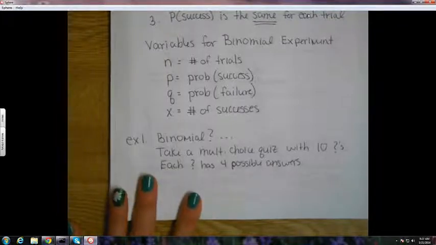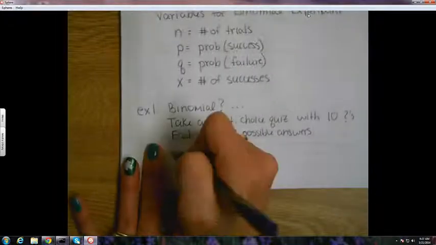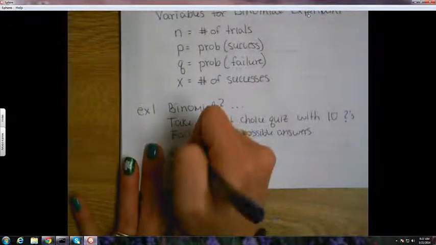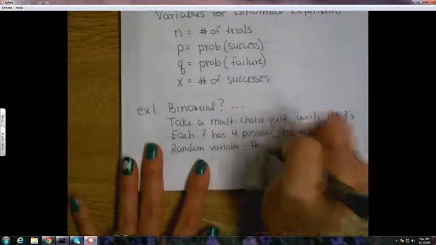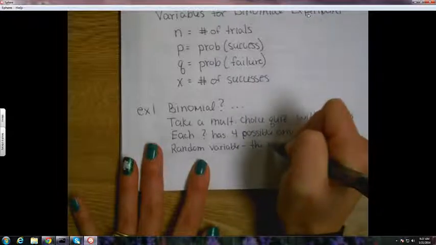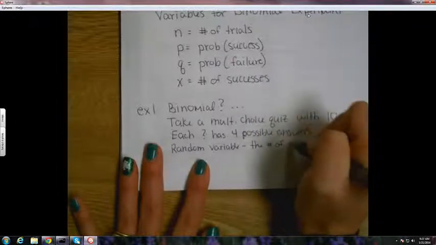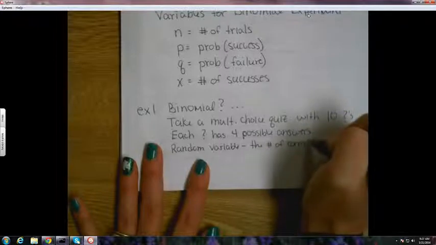The random variable represents the number of correct answers. So the random variable is the number of correct answers.